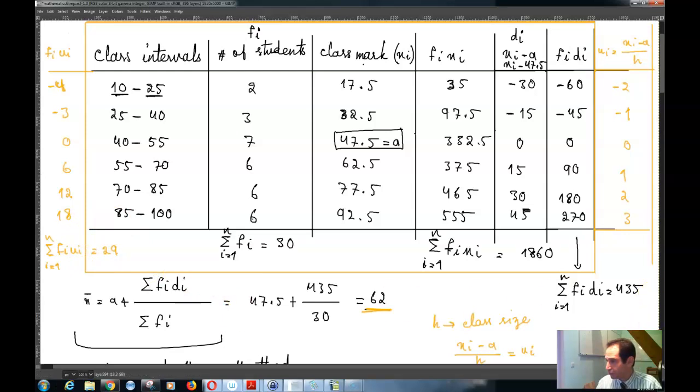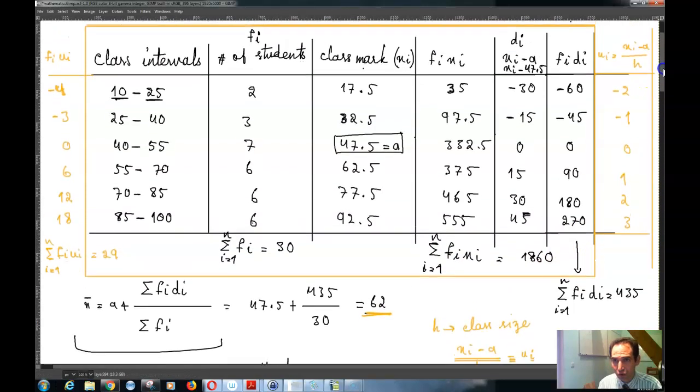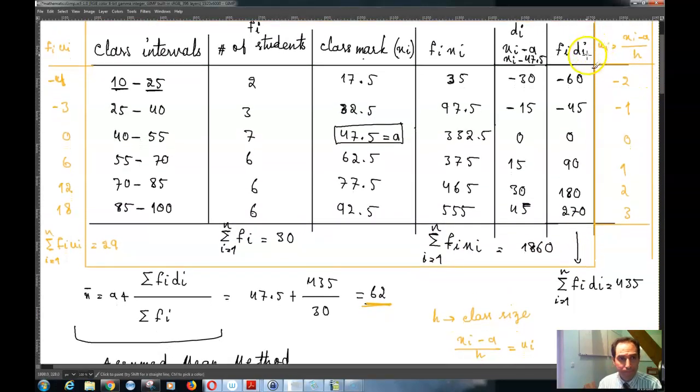And so then what I can do, so now in this situation, I know that u bar, I can take sigma f of i u of i, which is basically this thing over here.